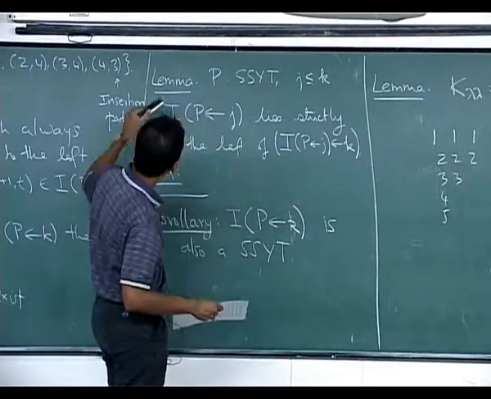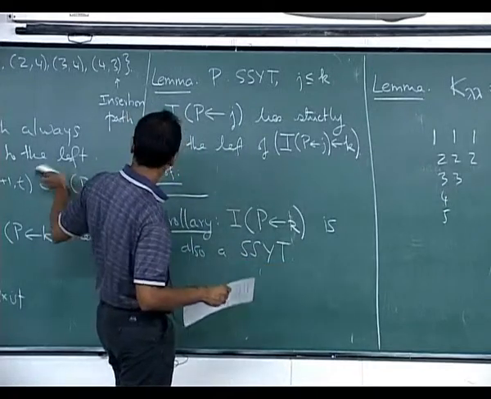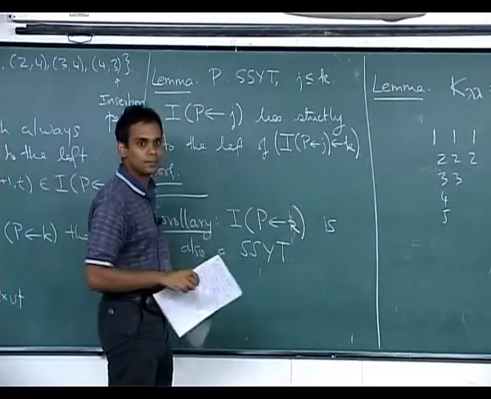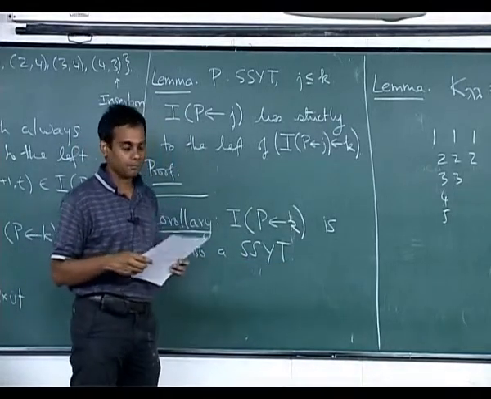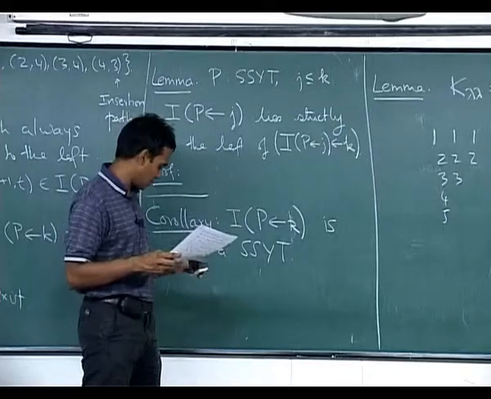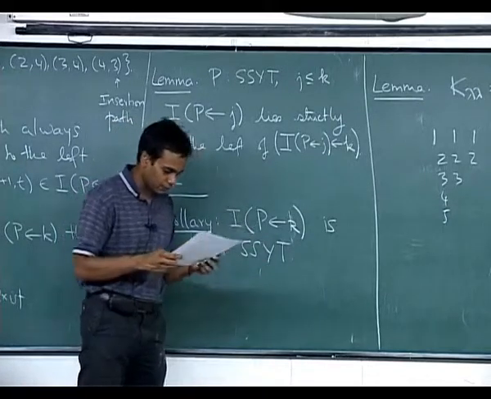So, from the first technical lemma, you see that the Schensted insertion algorithm takes semi-standard Young tableau to semi-standard Young tableau.